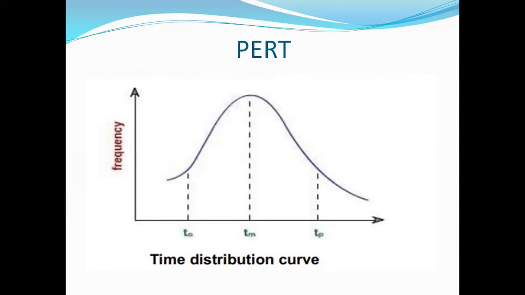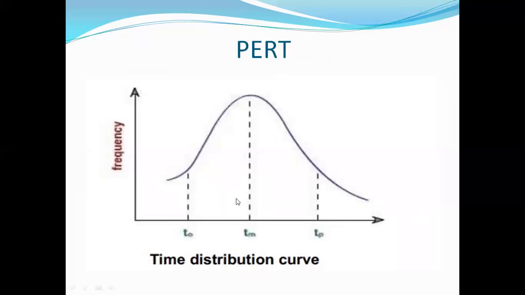Now PERT can be defined with the help of this curve. On the y-axis, frequency is mentioned. On the x-axis, we monitor the time. The most likely time is the process average time. The shortest possible time for the completion of an activity is the optimistic time, T naught, and the longest possible time for the completion of an activity is the pessimistic time.